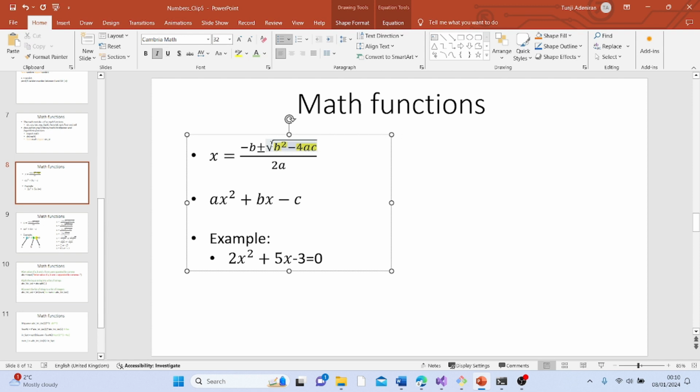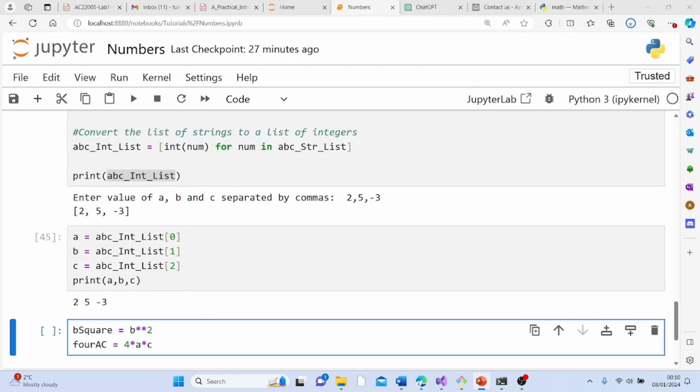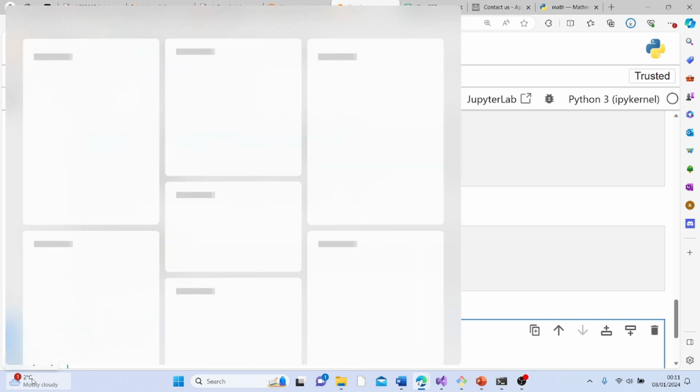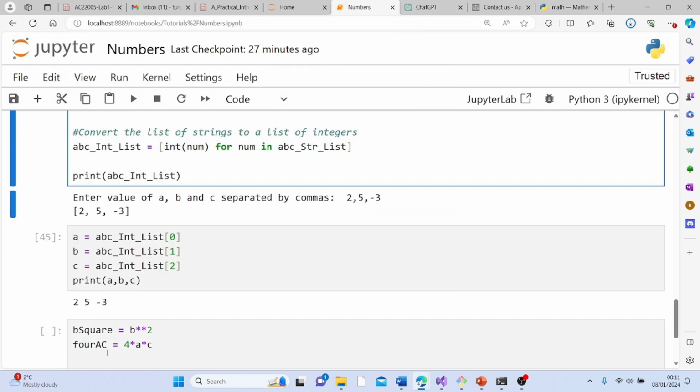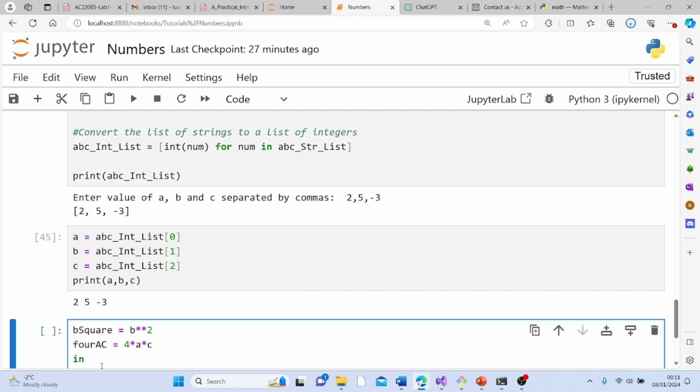So now we want to take 4ac away from b squared. So that's b squared minus 4ac. That's what is inside this square root. So let's call it in square root. In square root we have b squared minus 4ac.